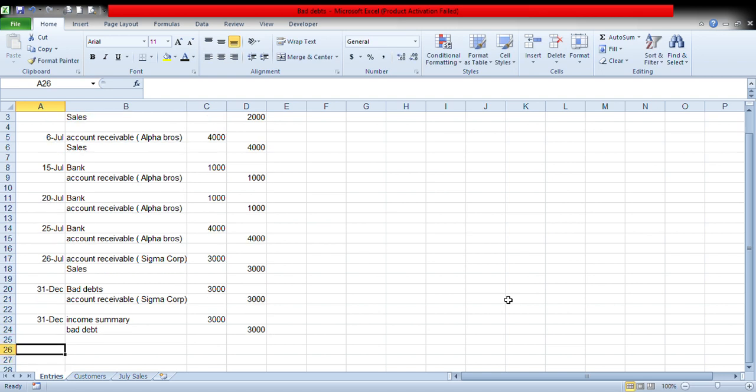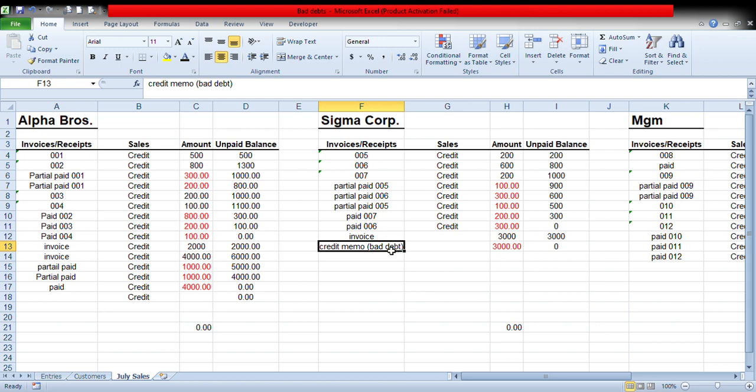But now the customer came to me on 21st of March and said, sir, I want to pay you your money 3000. I said, okay, no problem. But already here I have written that he paid me.